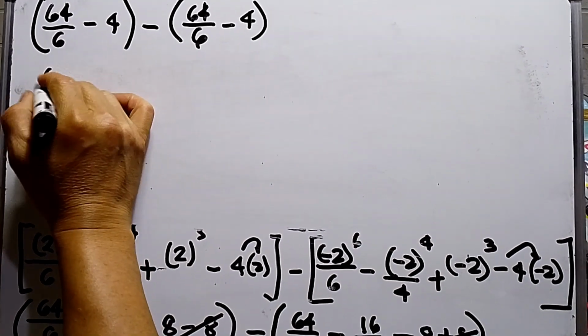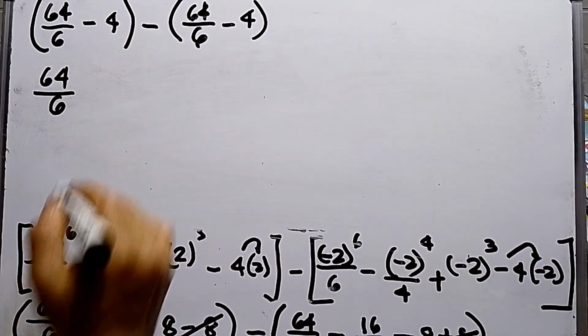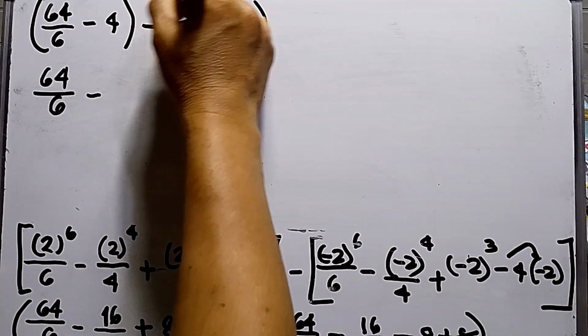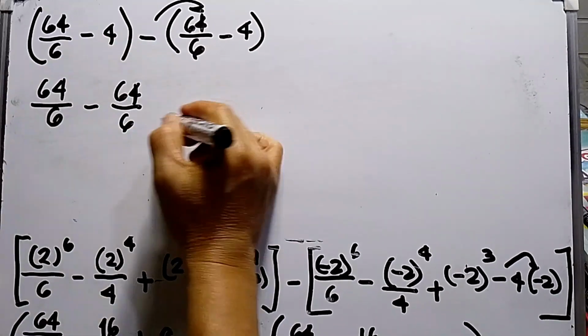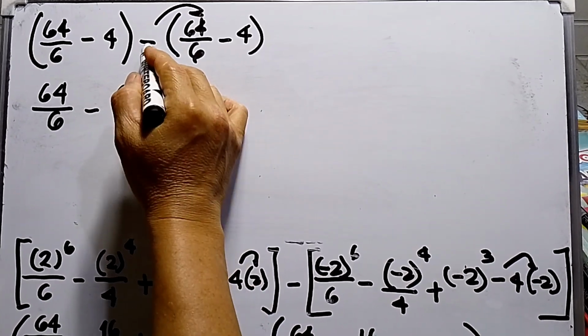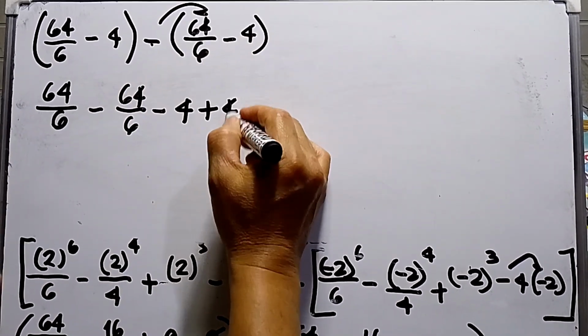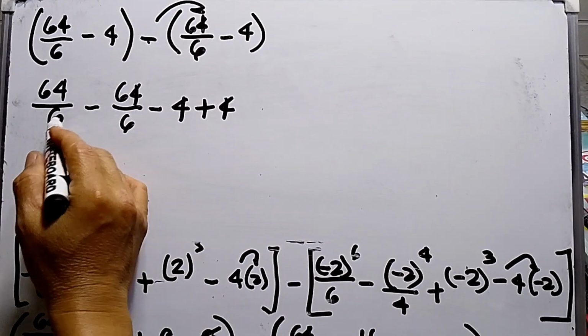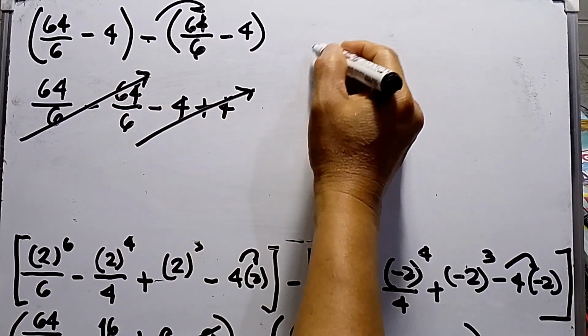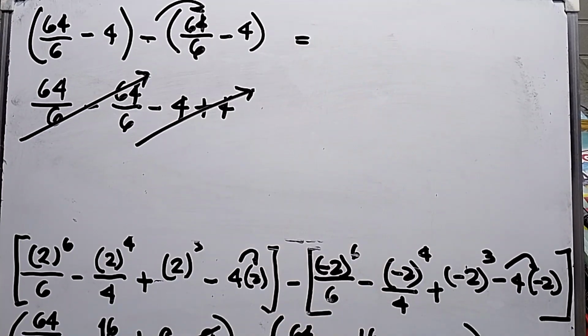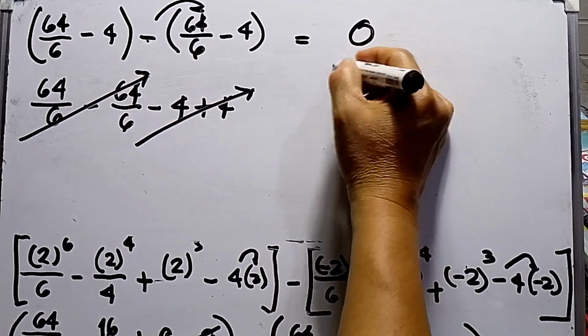So this will be 64 over 6 minus 64 over 6. And then copy this one, minus 4. Negative times negative is positive. So this will be 0. So therefore, the answer for this integral is equal to 0.